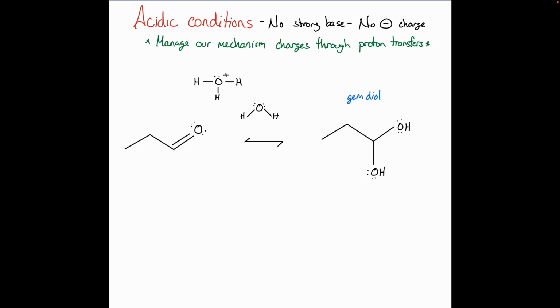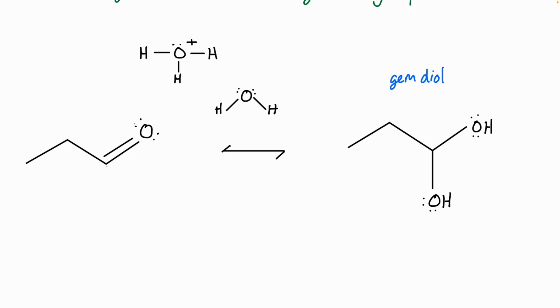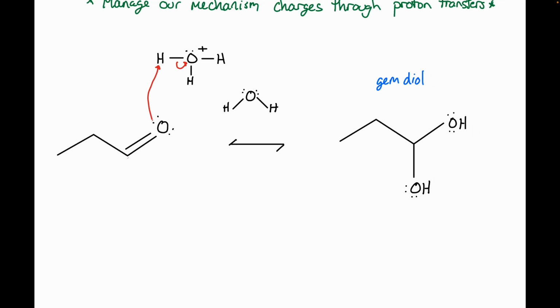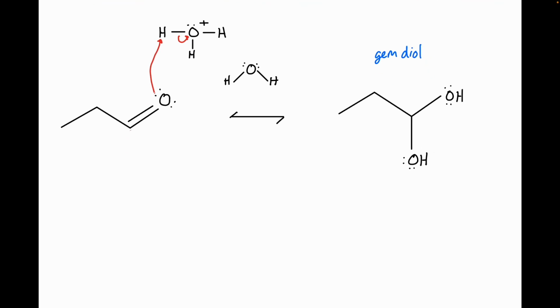All right? So by that I mean if we first protonate that aldehyde oxygen, something similar to what we saw in our mechanisms for alcohols under acidic conditions, where that first step was protonation of that oxygen.